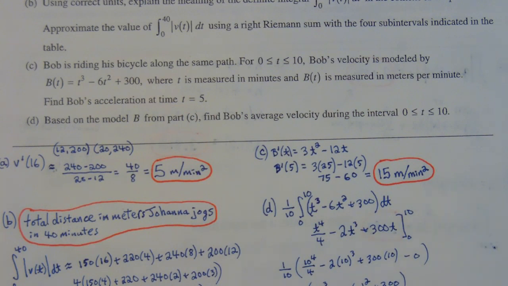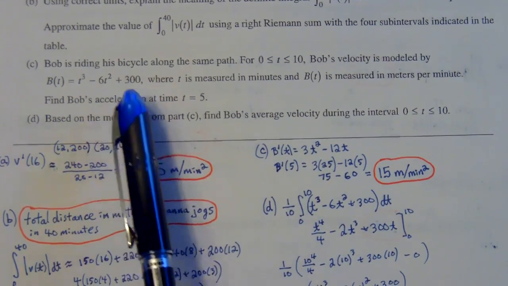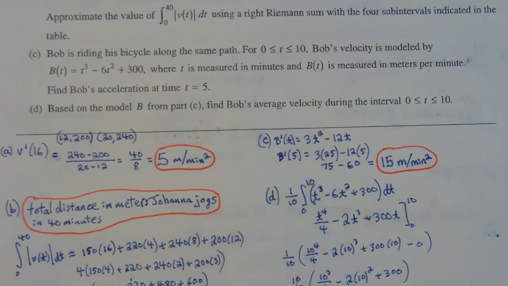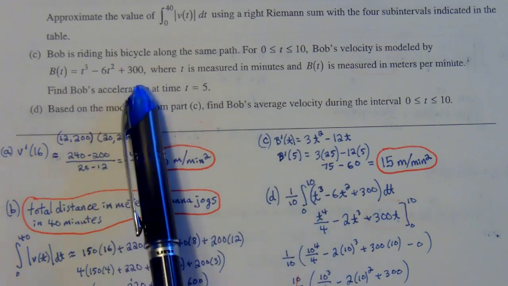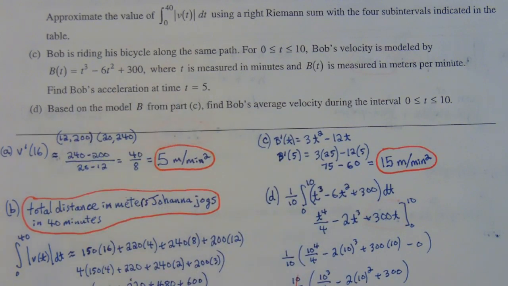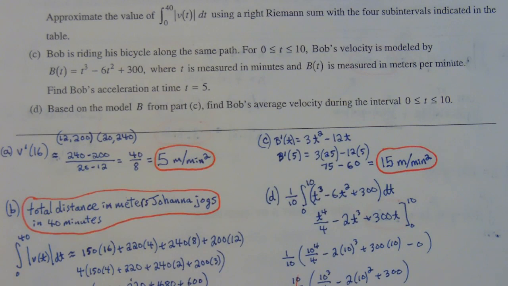Now on letter D, it says average velocity, and this is your velocity equation. I know when we say that word average, a lot of times we'll do that slope formula, right? But you're not going to do the slope formula here, because if it gives you a cupcake equation and it says find the average number of cupcakes, you use your average value formula. So it gives you a velocity equation that says find the average velocity, use your average value formula.